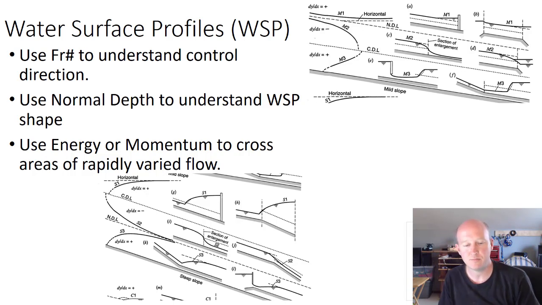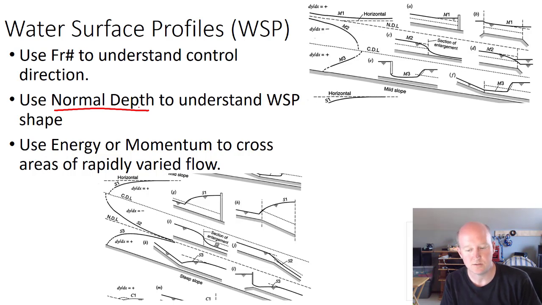Some of the points of reference that we'll use: we'll consider normal depth as a point of reference. The idea is that if the current channel conditions lasted for a really long time, what would the depth and velocity and other properties of the channel be? And then if it's not that, we can try and solve the problem to come up with whatever it is that we're looking for.